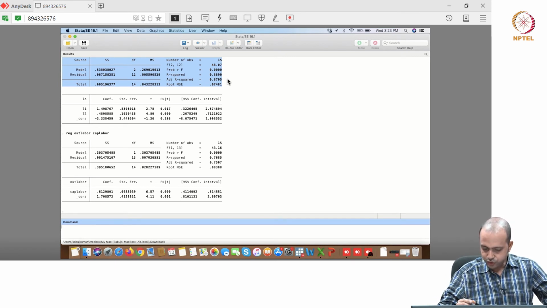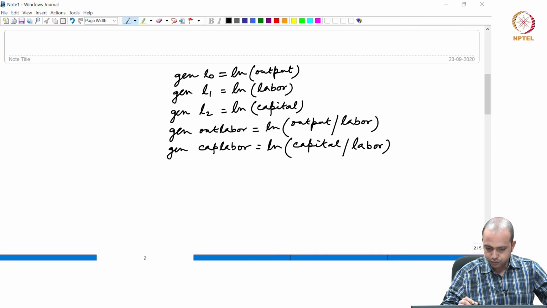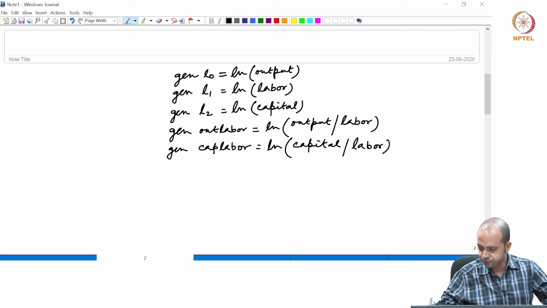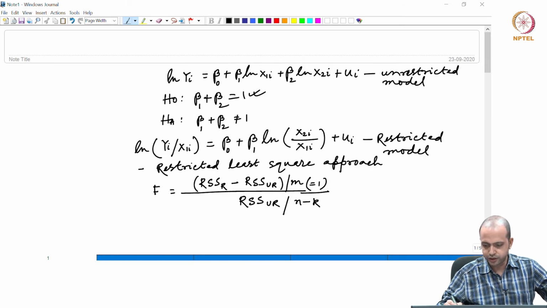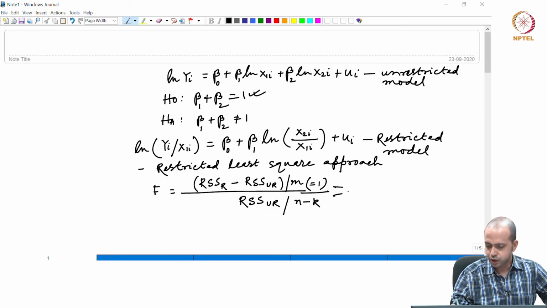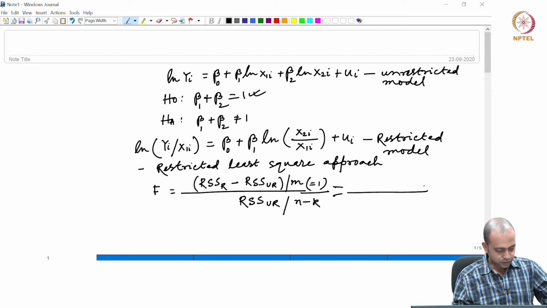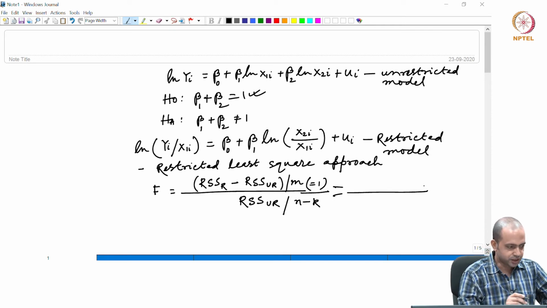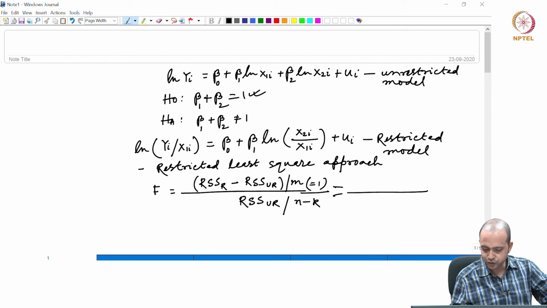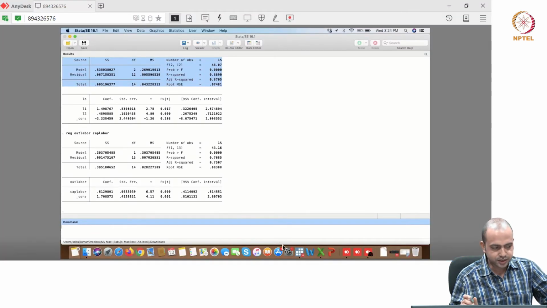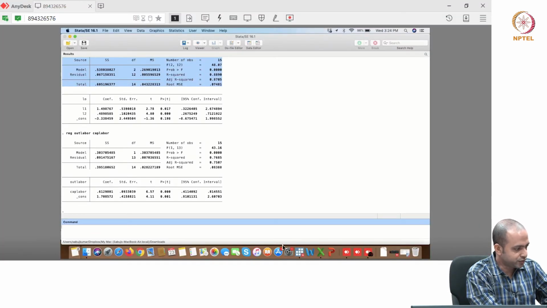So, I will now go to the formula that we were using. Here I will use RSSR and RSSUR. What is the value we got for RSSR, the restricted version?